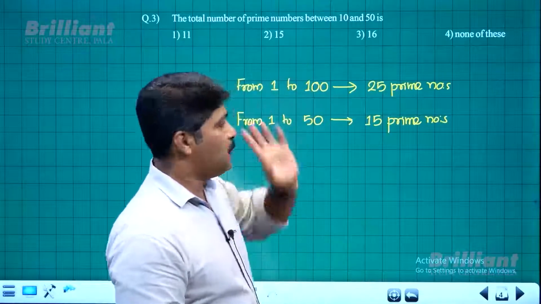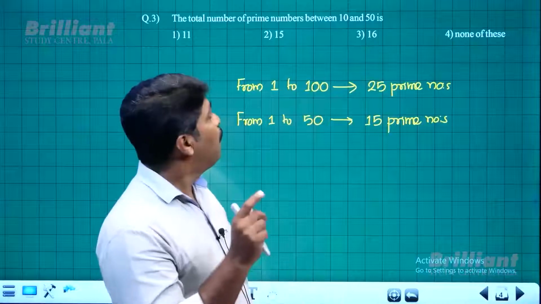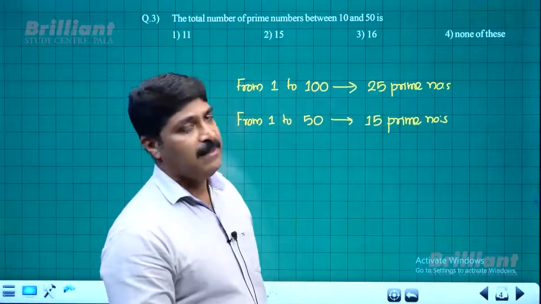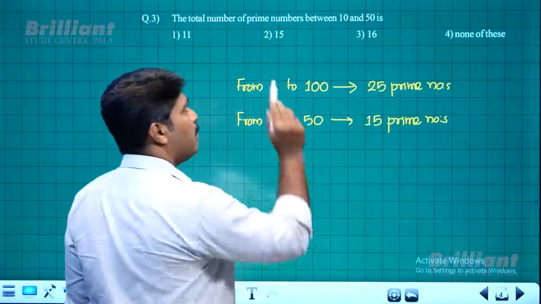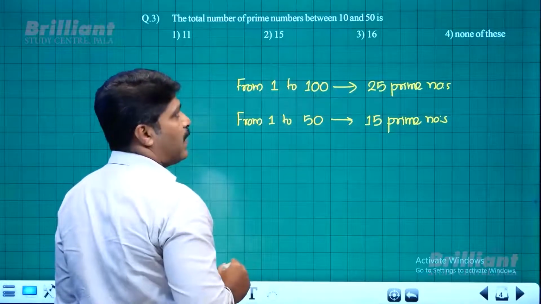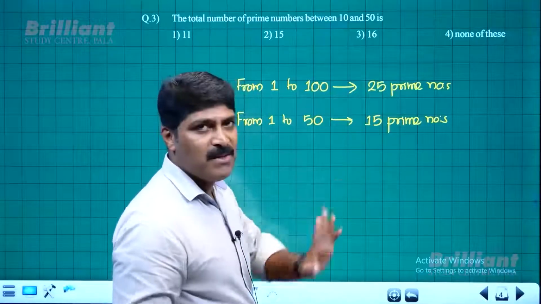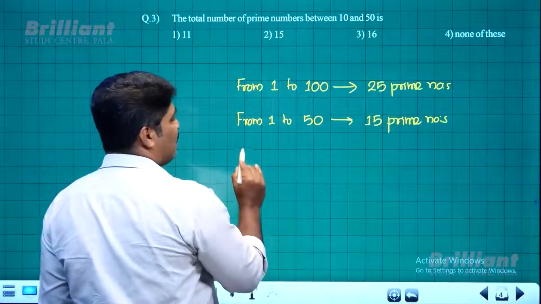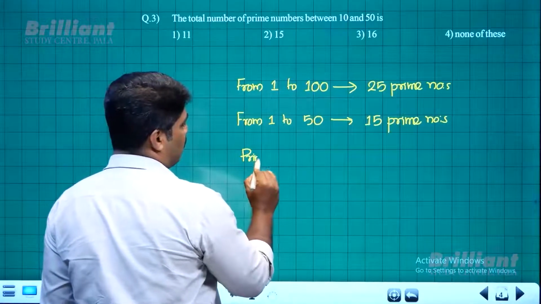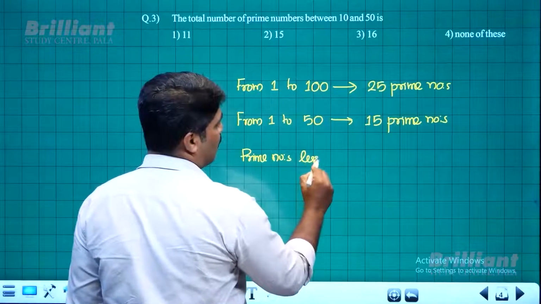Here the question is considering another range, between 10 and 50. While we are considering between 10 and 50, we have to subtract the number of prime numbers less than 10 from this number, then we will get the answer. So here we consider prime numbers less than 10.